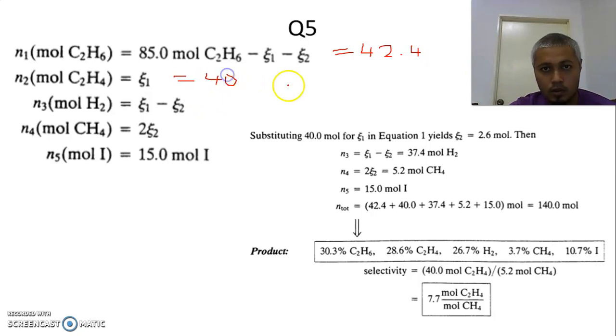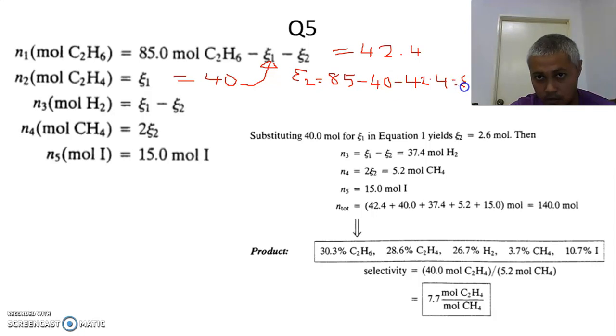Okay, so we can put 40 inside this, and then we can obtain the value of epsilon 2, where epsilon 2 equals, we bring epsilon 2 to the right hand side, then we have 85 minus 40. 40 is epsilon 1, then we bring 42.4 to the left hand side, equals epsilon 2.